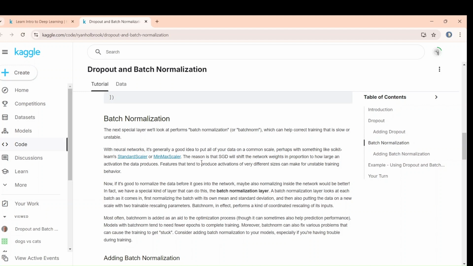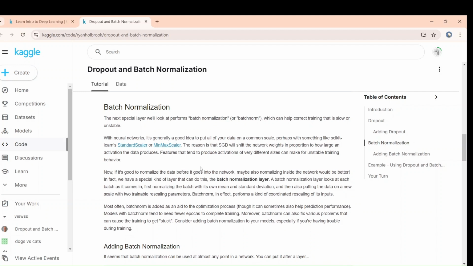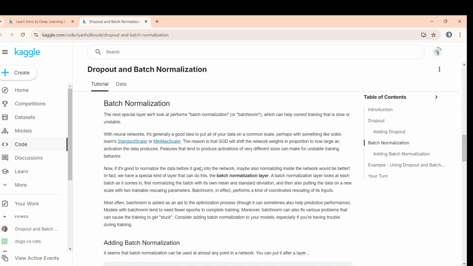The reason is that SGD, stochastic gradient descent, will shift the network weights in proportion to how large an activation the data produces. Features that tend to produce activations of very different sizes can make for unstable training behavior. Exactly, if different features have different kinds of data and they produce activations of different sizes, then it may be unstable for the training. So you have to scale it.